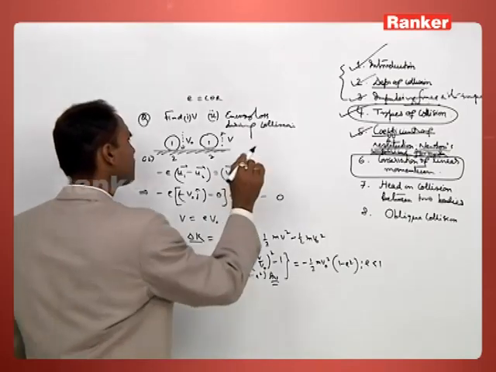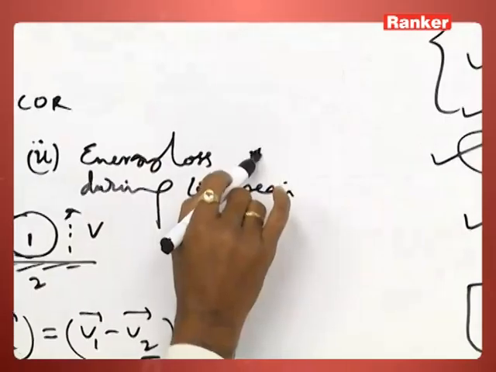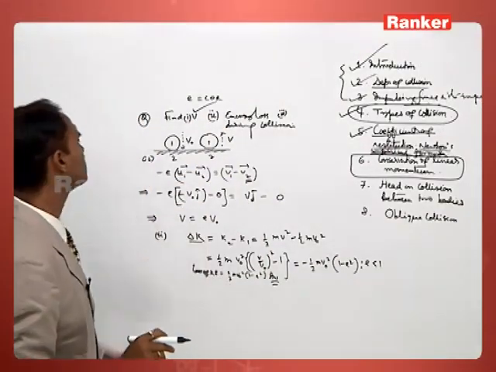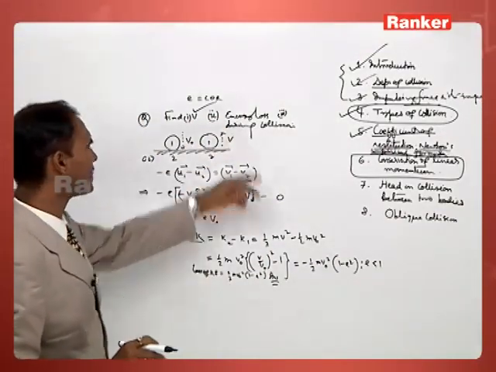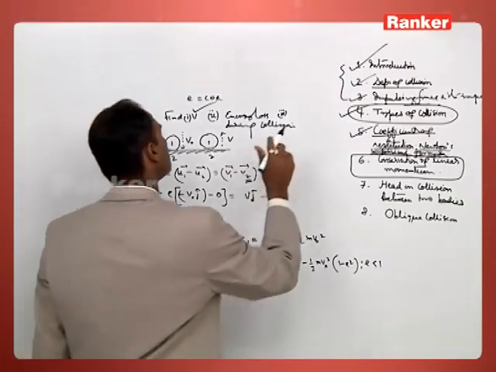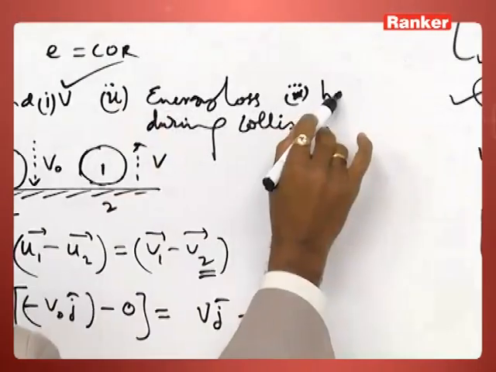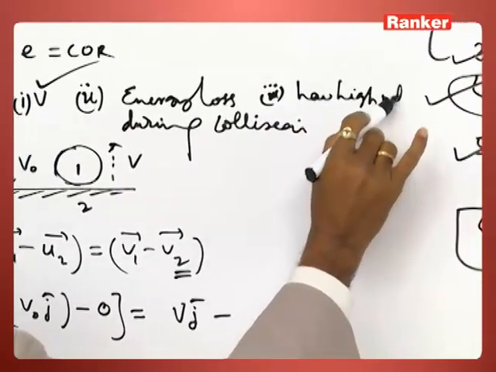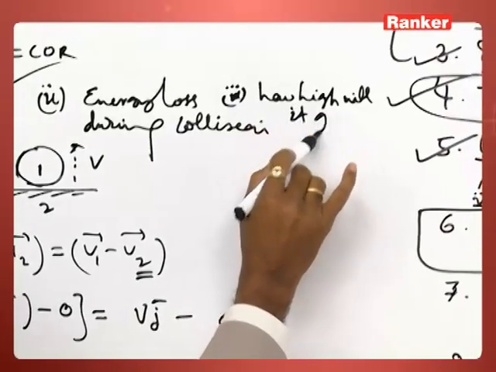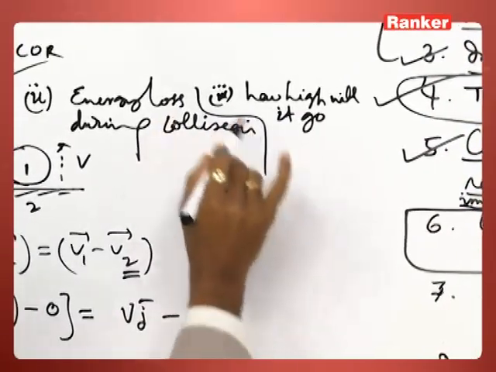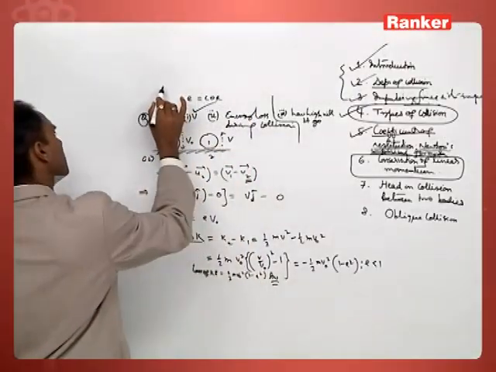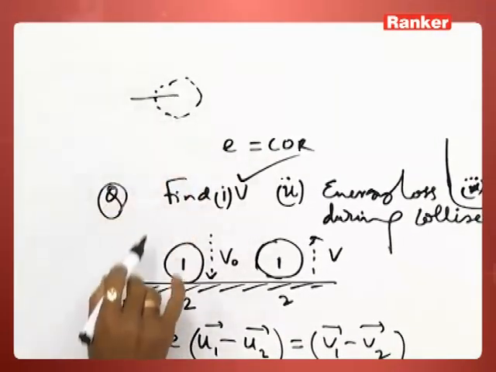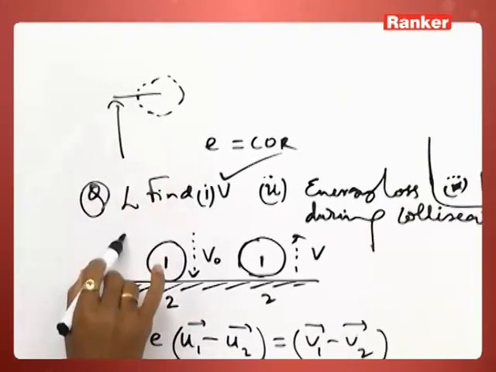You can pose a second question, a third question. The first question is the velocity just after the collision. The second question is the energy loss during the collision. And the third question, how high will it go, if it is released from a certain height h?